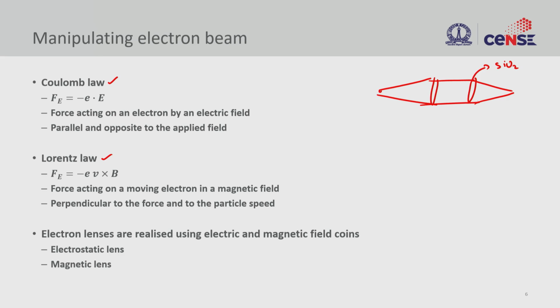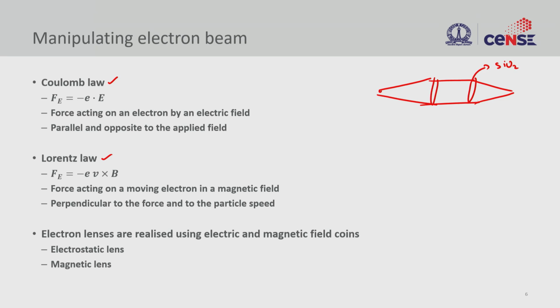So by using magnetic and electric fields, we come up with electric and magnetic lenses. We use field coils. Whether it is electrostatic lenses or magnetic lenses, we use coils. In electrostatic lenses we apply an electric field, in magnetic lenses we apply a magnetic field.